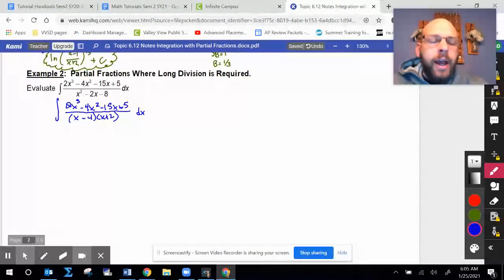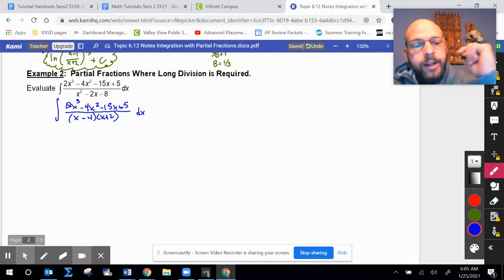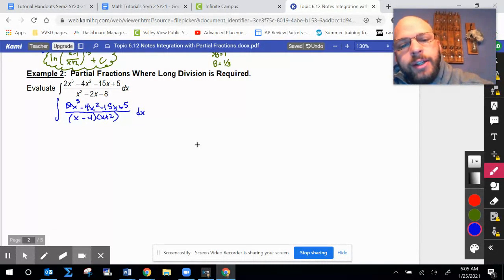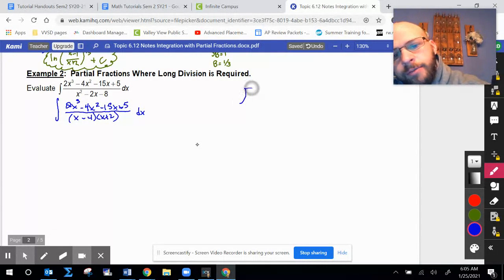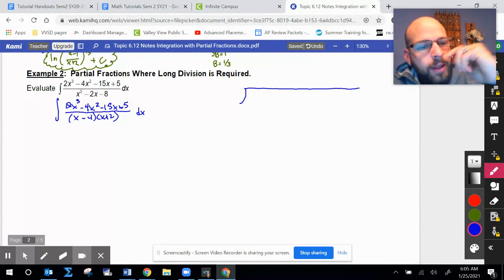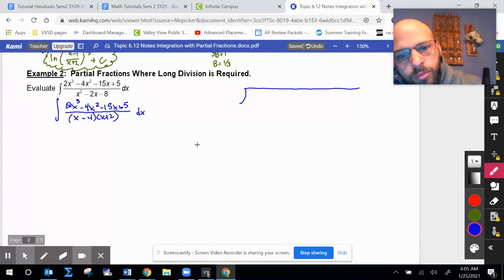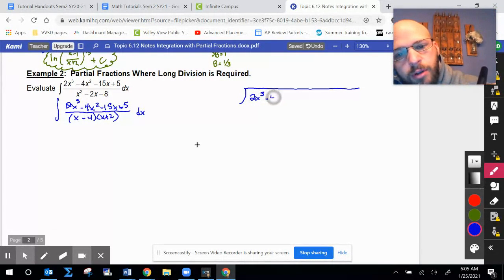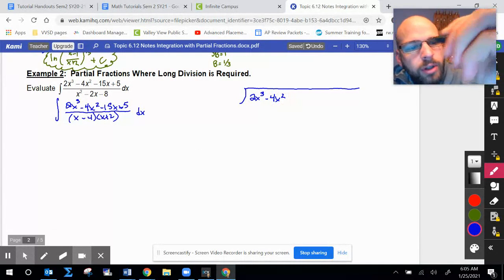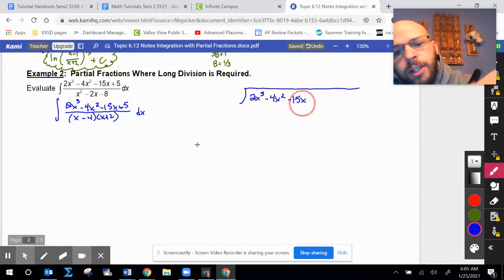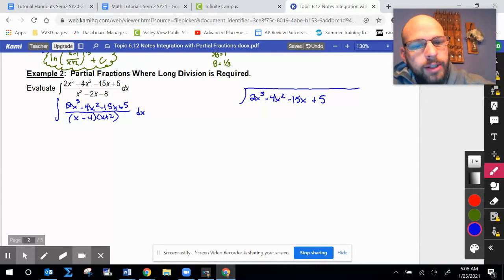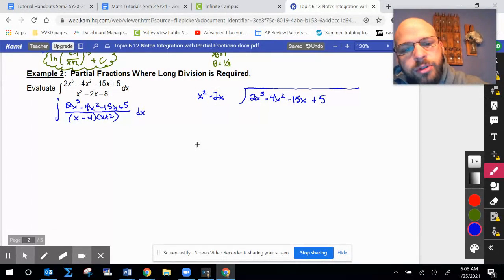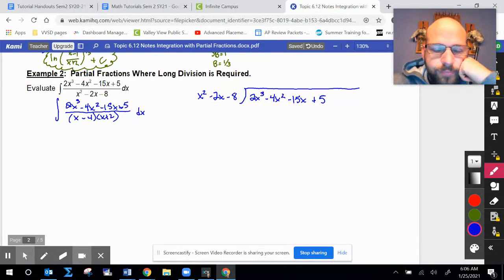So I want to synthetically divide it, or in this case, I'm going to long divide it. Off to the side here, I'm going to put the numerator inside my division, 2x cubed minus 4x squared minus 15x plus 5, and on the outside, I have x squared minus 2x minus 8.